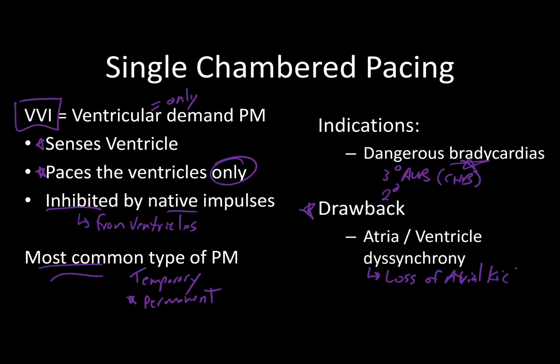And if you remember, that can decrease your cardiac output by 20 to 30%. But again, in people who have these dangerous bradycardias, particularly third-degree heart block, it is absolutely better than nothing, because this can be the difference between someone being alive and not. And that's why this is our introductory level pacemaker that's typically used.